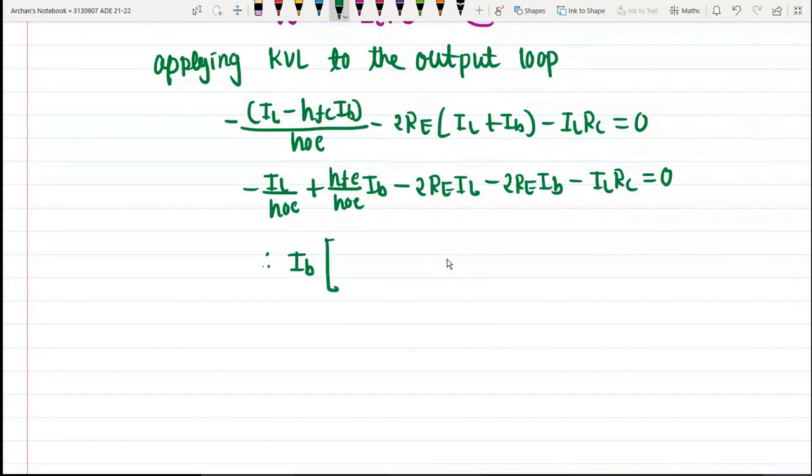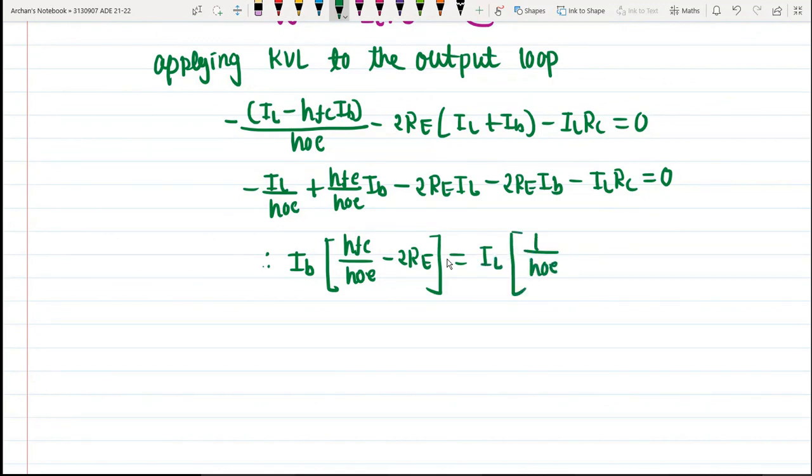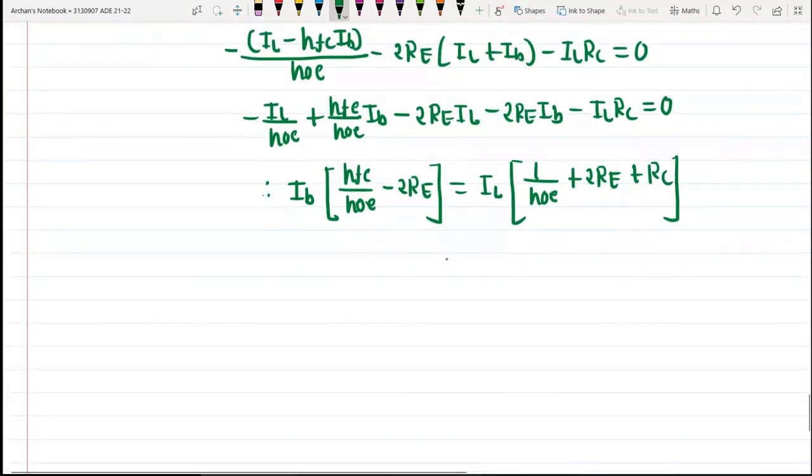So IB into HFE by HOE minus 2RE, and let us take IL common. IL into 1 upon HOE plus 2RE plus RC.